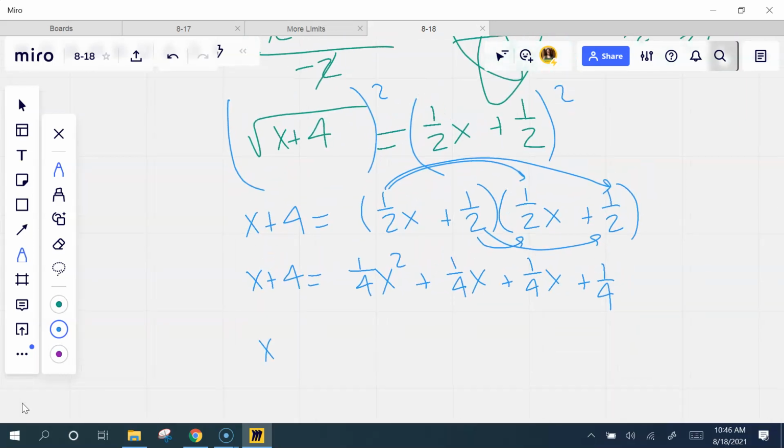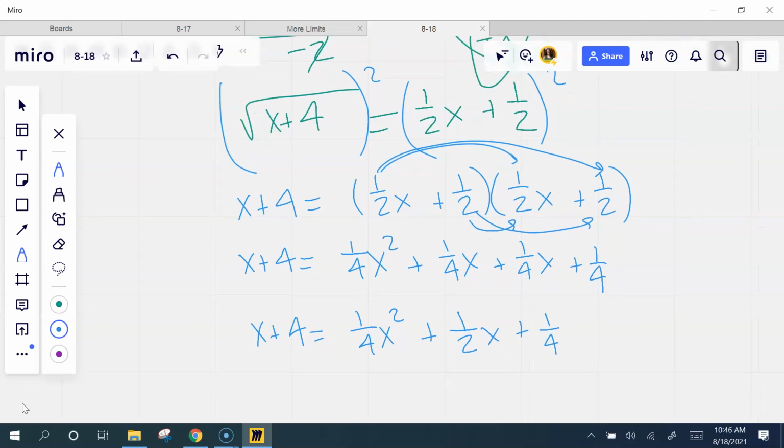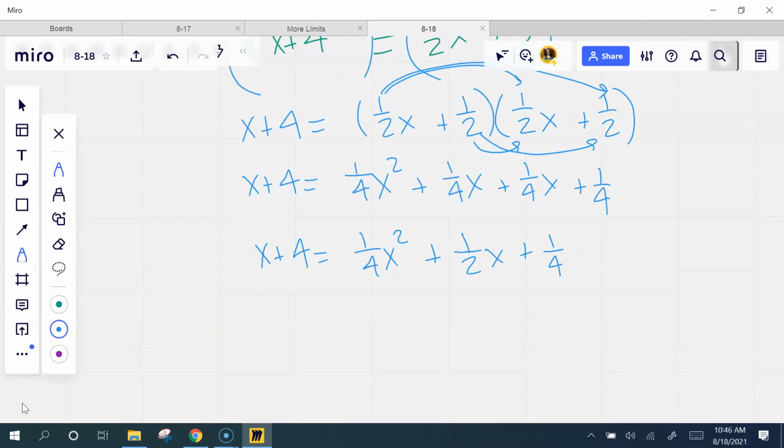So I have x plus 4 equals 1/4 x squared plus, what's a fourth? 1/2. Make it equal 0. Go with me. Subtract the 4 and subtract the x.